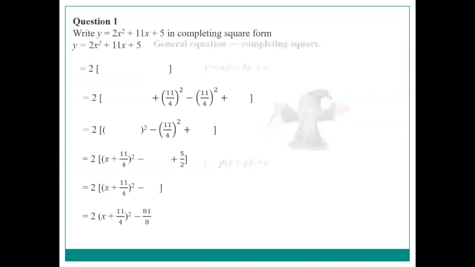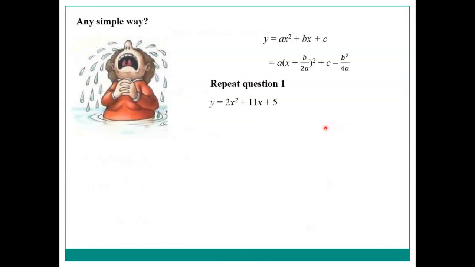All right. There are various methods to convert the general quadratic equation into completing square form. This is one of the methods, very long, but luckily there's a shortcut. So please remember this equation, because if you can remember this, it will help you to convert the general quadratic form into the completing square form faster.